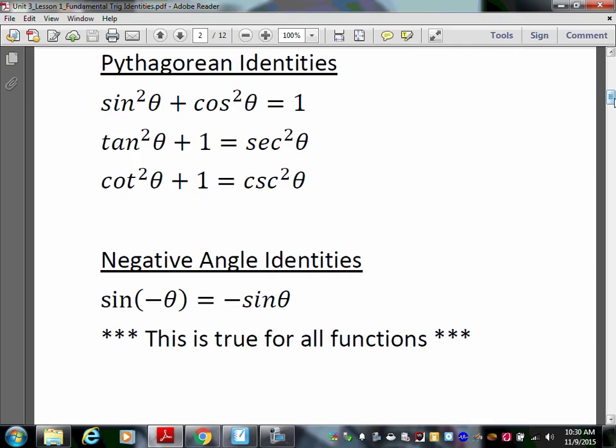Okay, so for the negative angle identities, I just wrote that it's true for all functions rather than have you write every single one like this. If it's sine of a negative angle, it's the same as the negative sine of that angle. Same thing for all the other ones, cosine, tangent, cotangent, cosecant, secant.